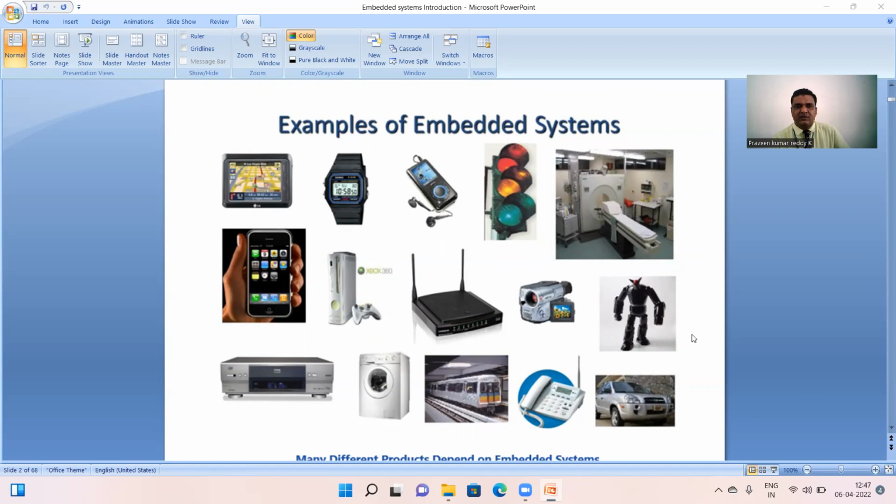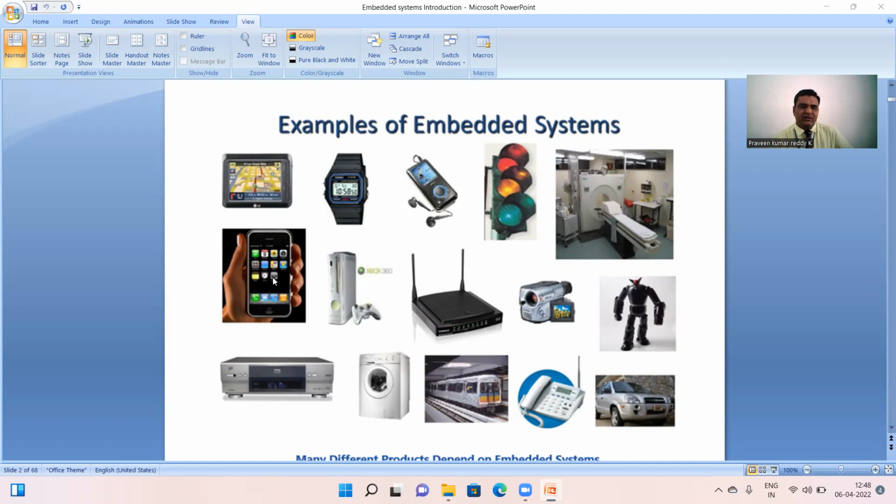For example, consider a cell phone which you are using. A cell phone is an embedded system where it has some hardware inside, like a PCB, printed circuit board, or a processor, and some other components on the PCB, like memory, RAM, ROM, etc. It also contains some software, which is called Android OS, which controls all the hardware.